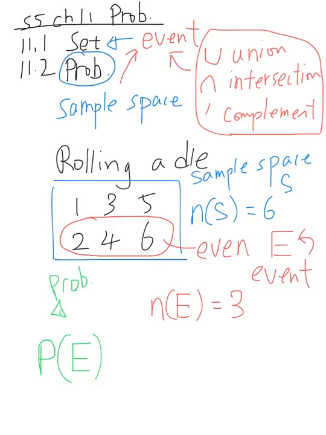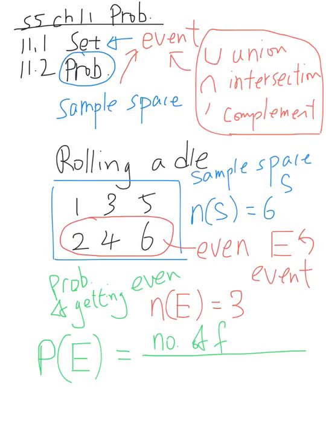The probability of getting an even number is equal to the number of favorable choices over the total number of choices.